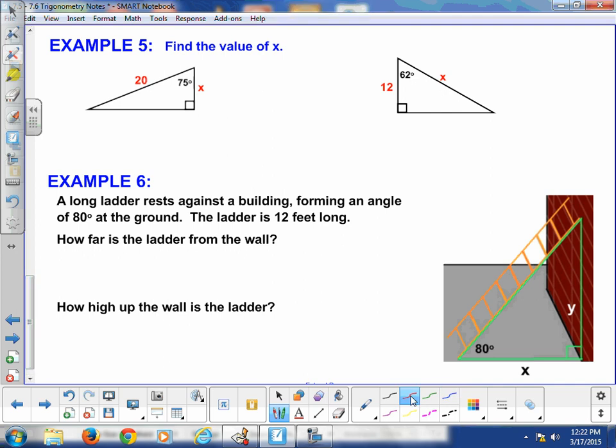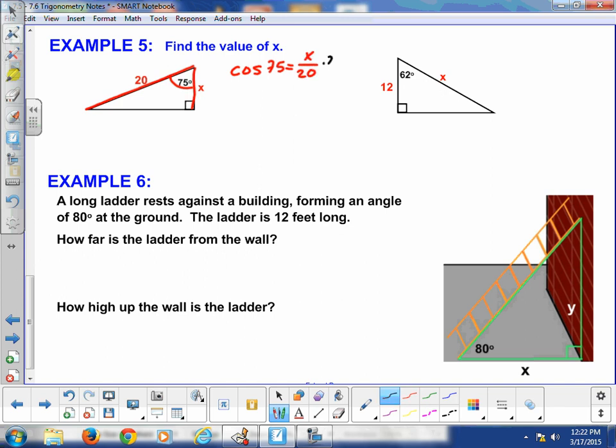So I have an angle. I'm looking for the adjacent, and I know the hypotenuse. Sounds like a recipe for cosine. Cosine of 75 degrees is equal to adjacent over hypotenuse.